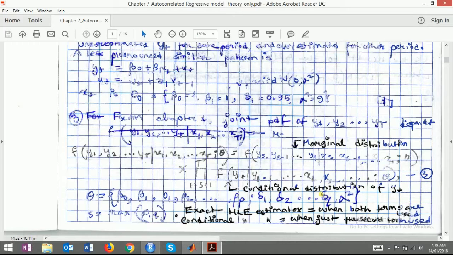Now the conditional distribution is moving yt, function of yt is conditional upon its own lag up until and xt, yt is conditional upon its own lag and the lags of x for all theta parameters.